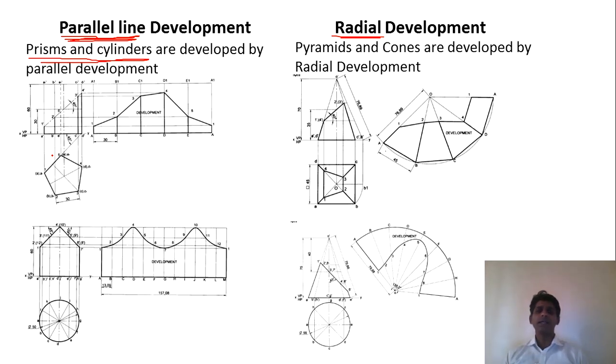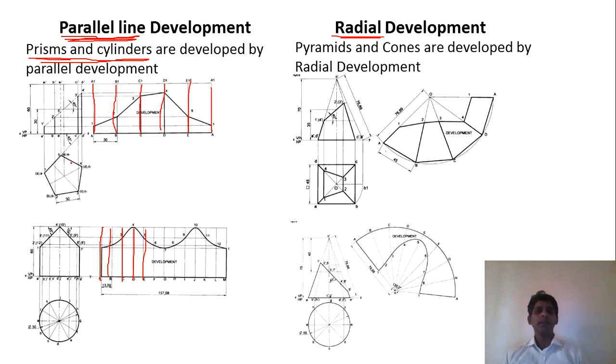You can see that there is one line here, one line here, and all of these lines are parallel to each other. Also in this case, which is a cylinder, all of these lines are parallel to each other. So we call this parallel line development, which is basically used for prisms.